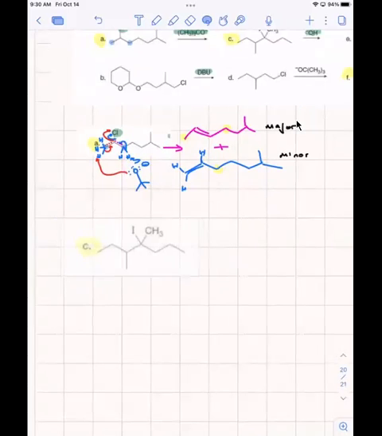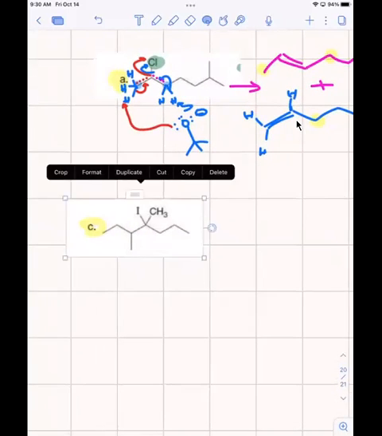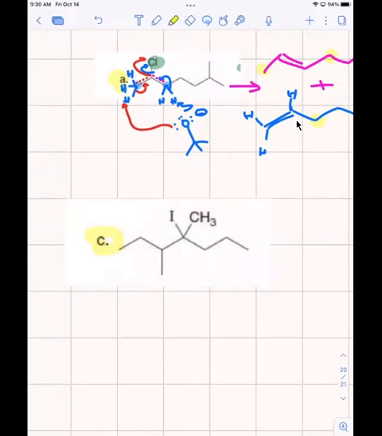Where's my leaving group? Where are my alpha positions? That's your strategy for solving E2 problems. Look, find a leaving group and then find the carbons that are adjacent to the carbon where the leaving group is. So my leaving group is what? It's not methyl. Iodine, right? Iodine is my leaving group.